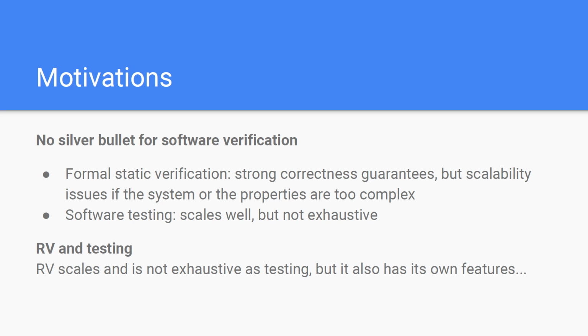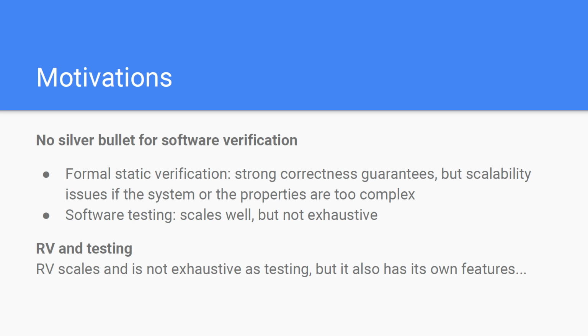So how about runtime verification? Runtime verification is very similar to testing in a sense, because your verification is at runtime, so it's not exhaustive, as testing, but scales rather well. So you are able to prove quite complex properties.